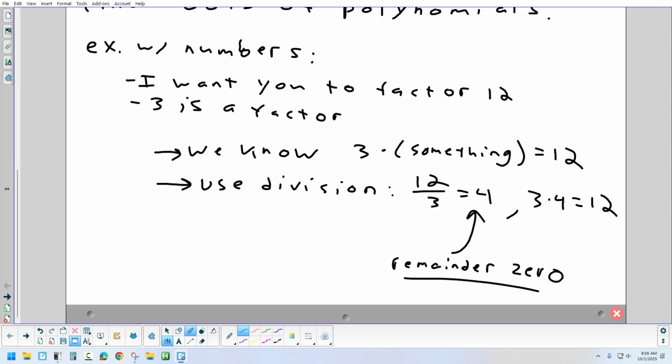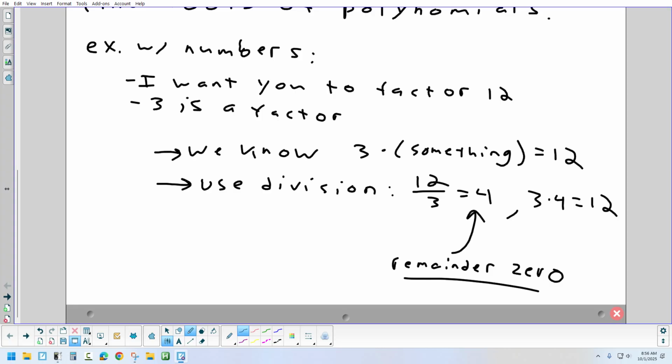That's because 5 is not a factor of 12. So getting remainders of 0 is going to be very important. That's something we're going to focus on in a little bit. So if we can figure out quick ways to divide things and look at the remainder, then we can quickly tell if something is a factor or not. Because division with a remainder of 0 proves that the thing you divided by is a factor.